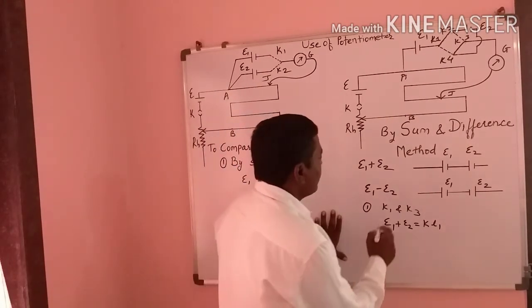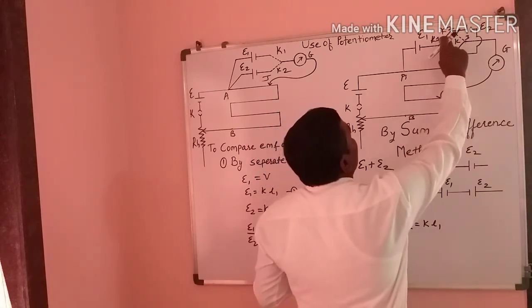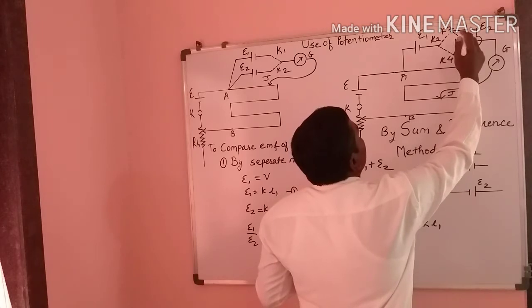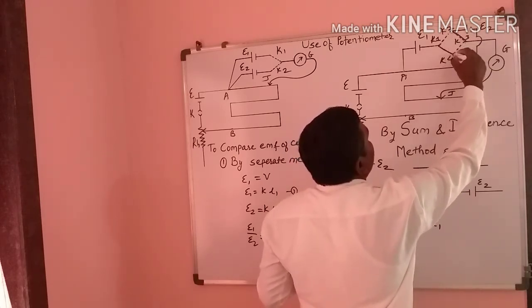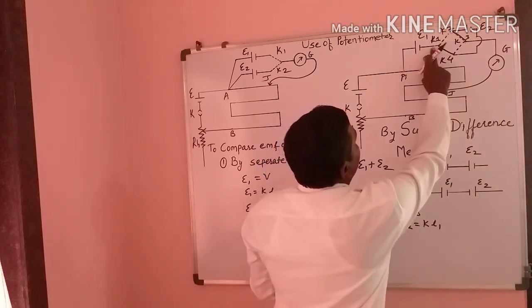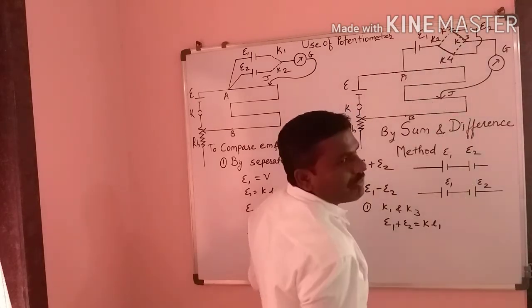Again, when K1 and K3 are open and K2 and K4 are connected, the negative terminal is connected to the negative and the positive terminal to the positive of the first cell.